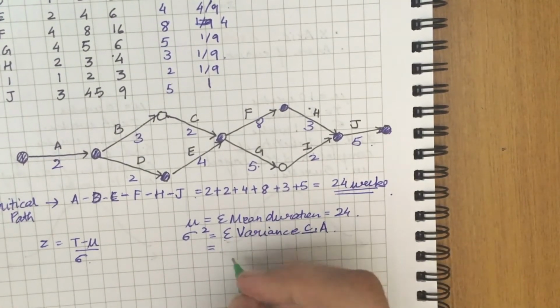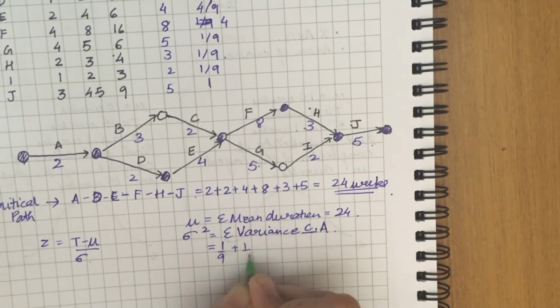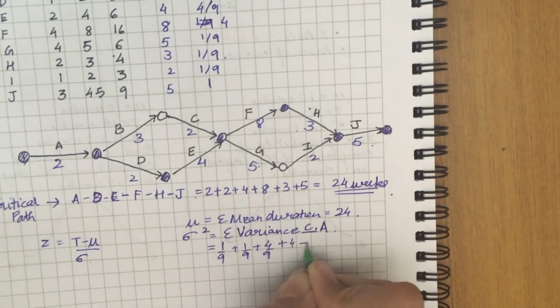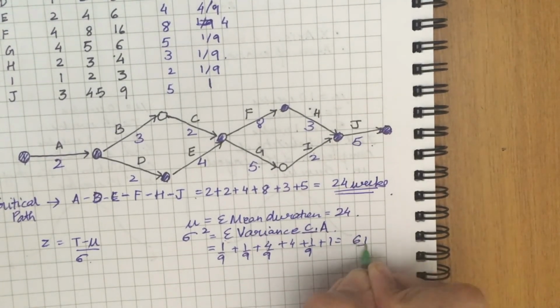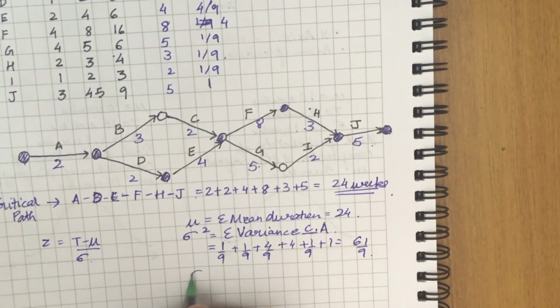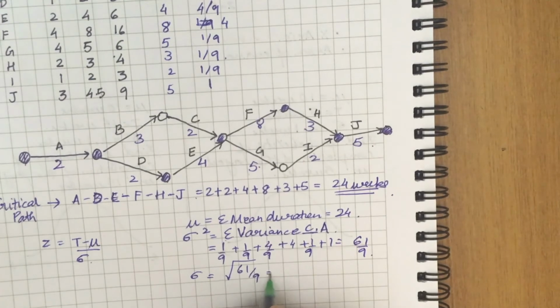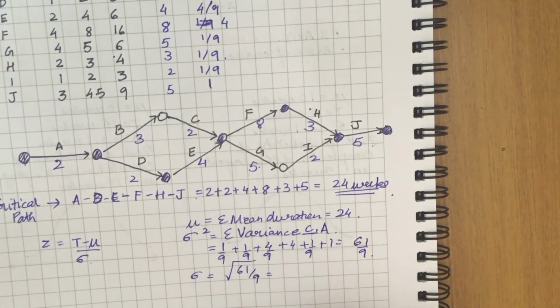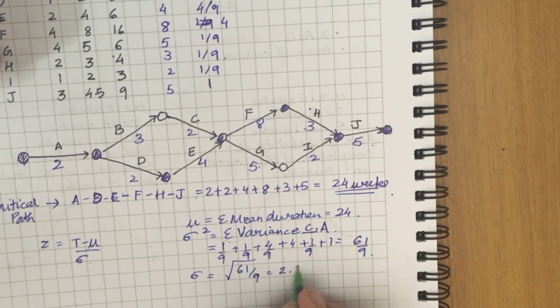So this is 1 by 9 plus 1 by 9 plus 4 by 9 plus 4 plus 1 by 9 plus 1, which is 61 by 9, and then sigma is root of 61 by 9, which comes out to be 2.6.